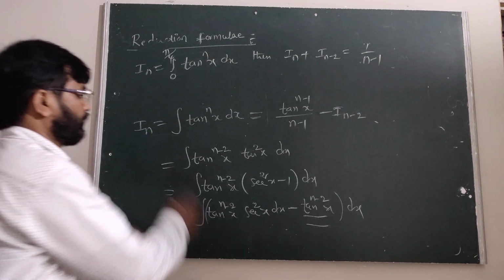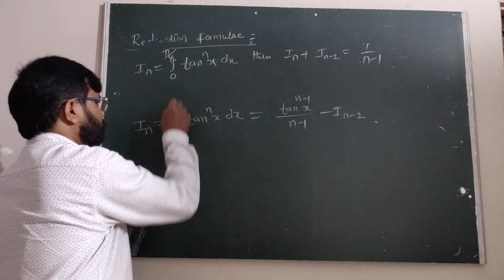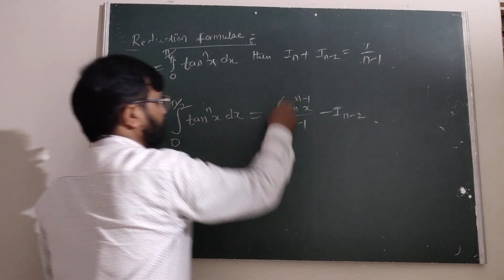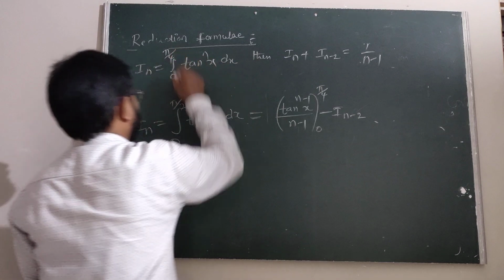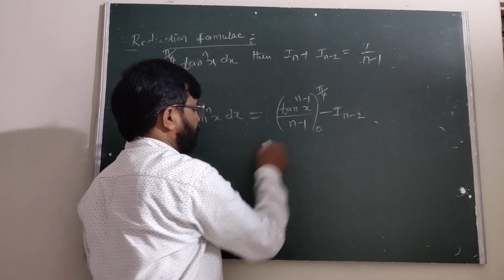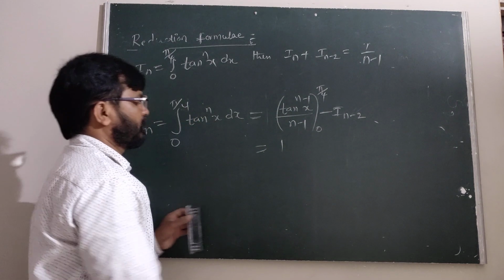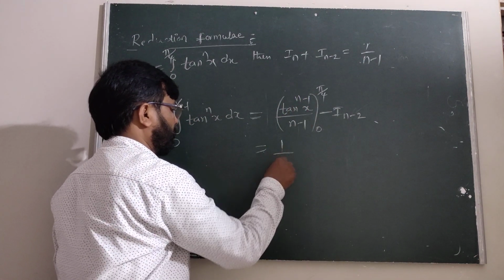Now, here we can apply the limits 0 to pi by 4. Tan 45 is 1. 1 power n minus 1 is 1 upon n minus 1.